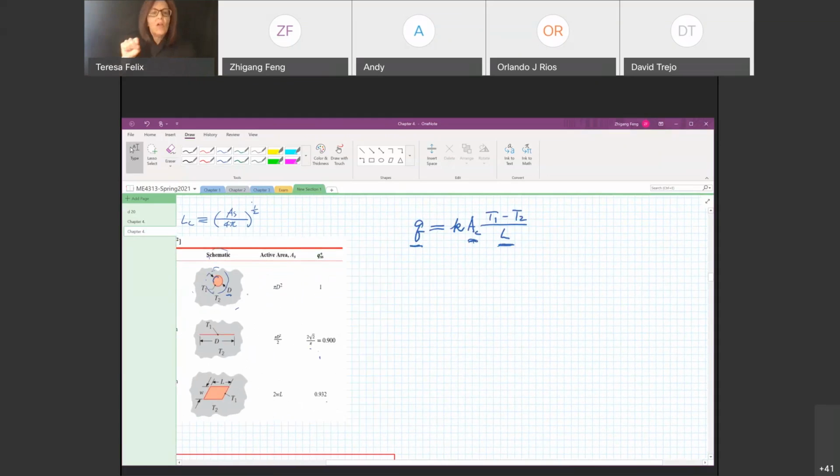So for this configuration, instead of using the cross-section area and the L, we use a reference cross-section area. We call that active area, A sub S. This is a reference area, okay? And T1 minus T2, those are the same. And we use a reference length, L sub C. L sub C is reference length.